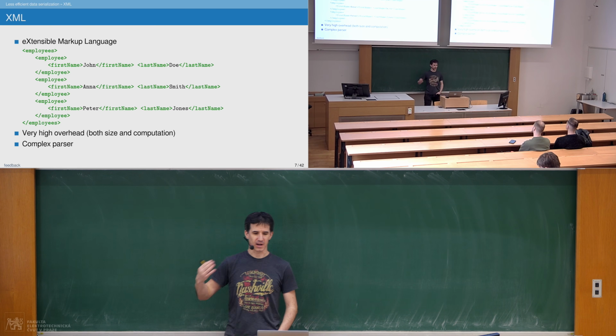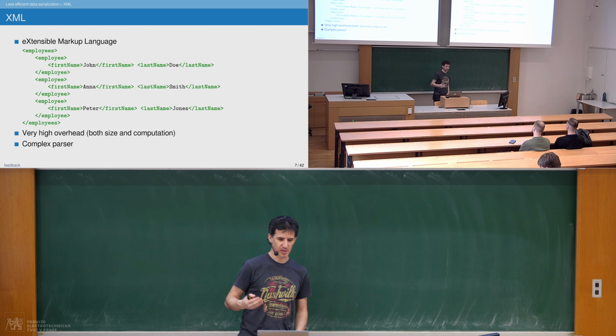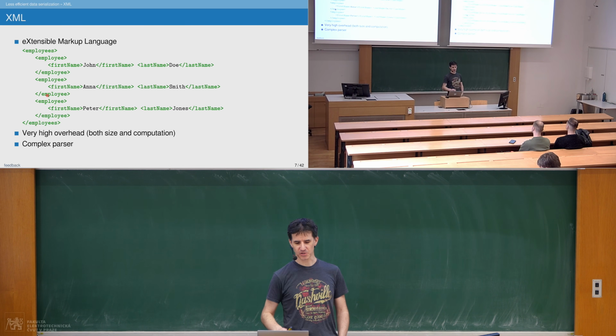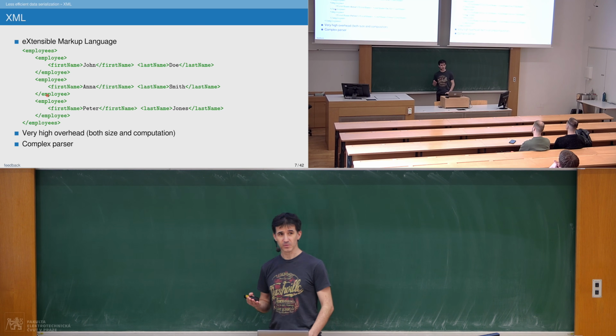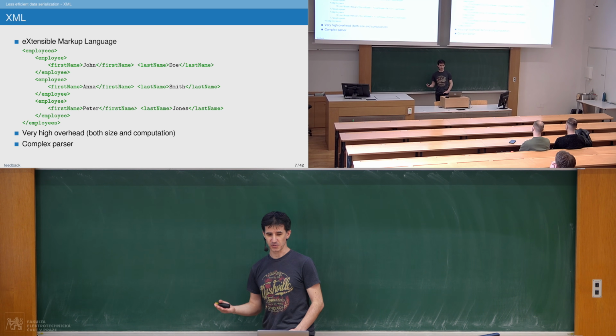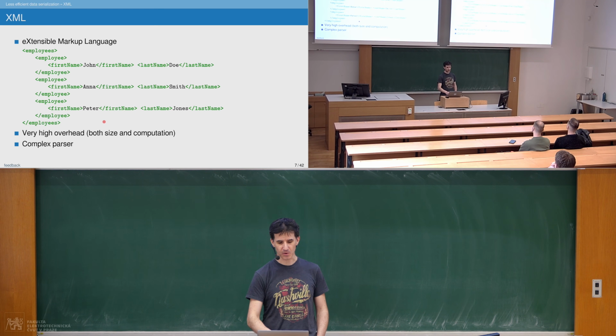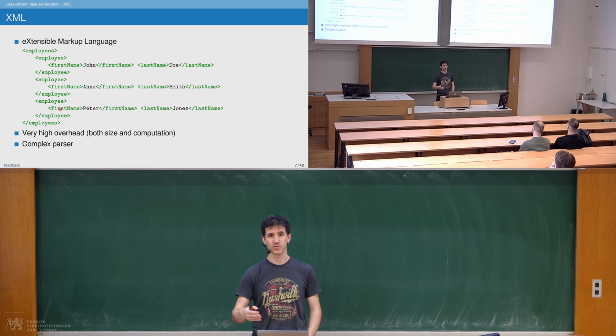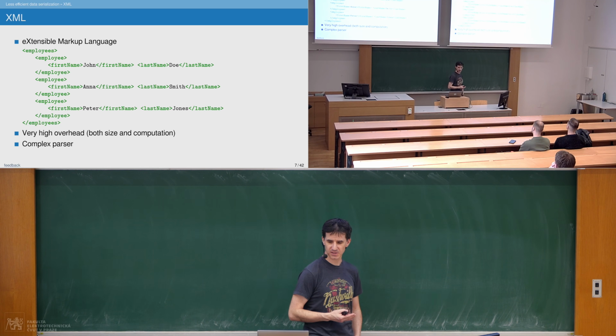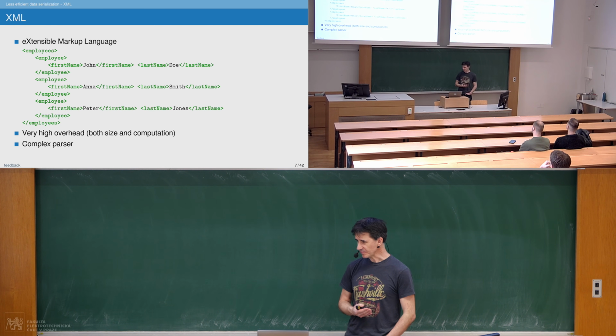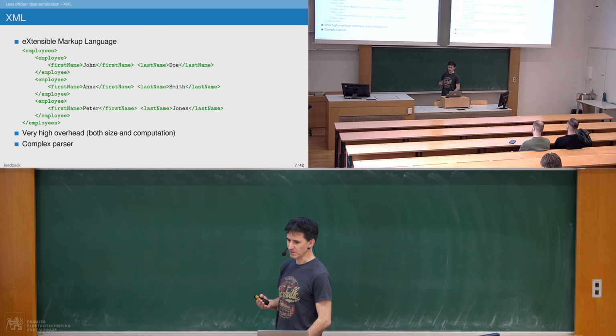If you want to serialize this information about those 3 people, you can see the serialization here. And immediately what you can see is that this serialization is very inefficient. Just to serialize those 6 words, there is a lot of extra information, a lot of extra text. So clearly the overhead is quite high.